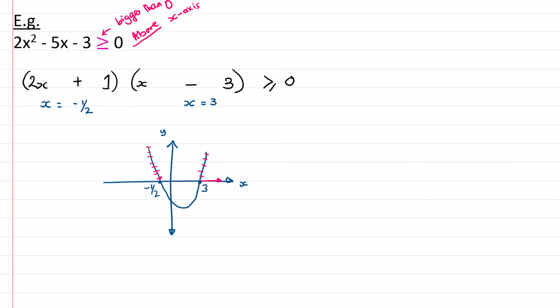X is bigger than 3, x is smaller than negative 1/2, and of course there's the equal, so we're going to add that in. So x is bigger than or equal to 3, and x is smaller than or equal to negative 1/2. These are the answers.